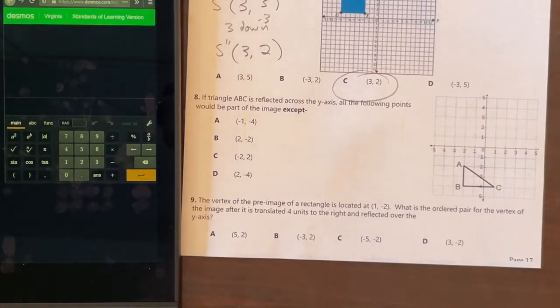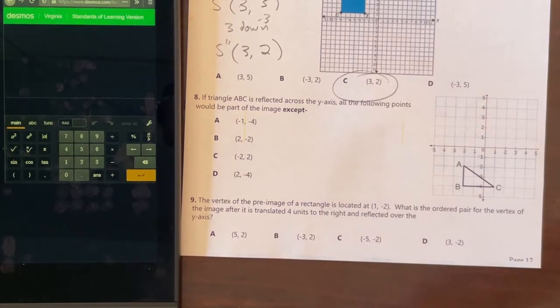And then for number 8, it says if triangle ABC is reflected across the y, all the following points would be part of the image except. So across the y, a good way to quickly check this is to see that each point should be the same distance from the axis it is reflecting over.